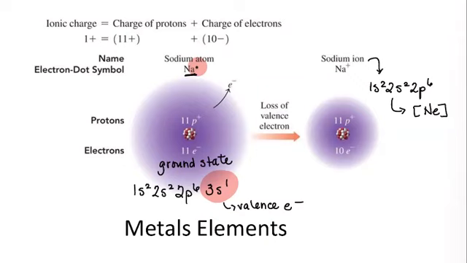That's why, for those of you that have taken other chemistry courses, you have heard of noble gas configuration, because this is just illustrating that you look like this particular noble gas. That's why we put the symbol of the noble gas in brackets.